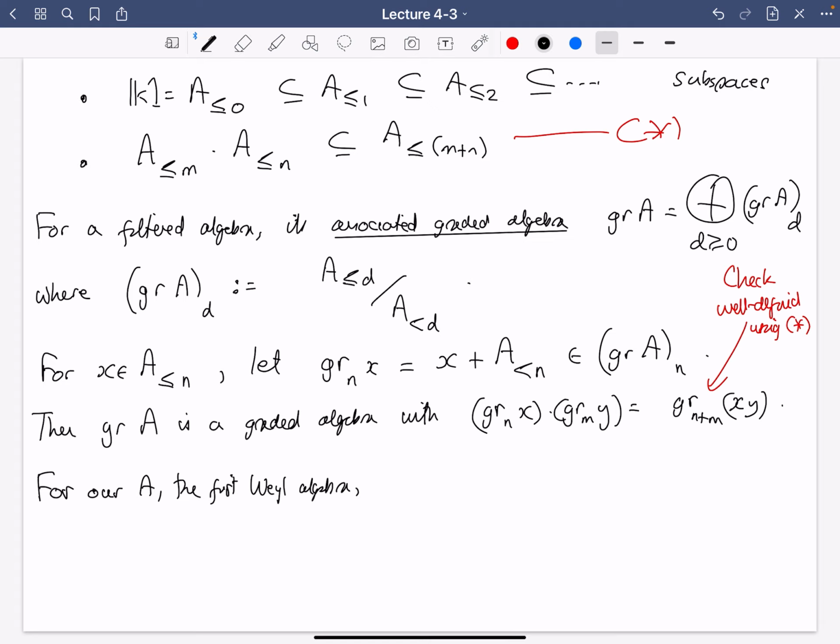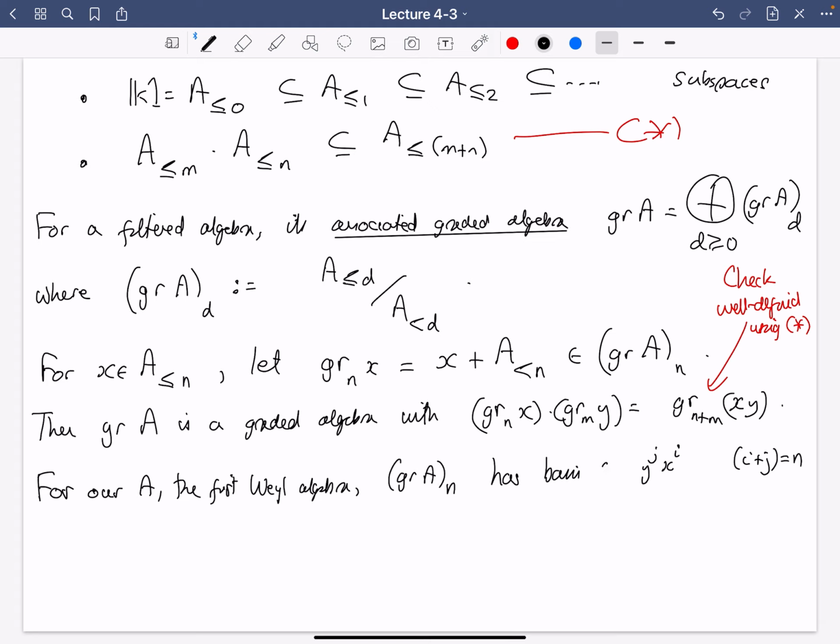The basis theorem that we've just established shows that the degree n part of the associated graded has basis given by all of the y to the j, x to the i with i plus j equals n. Maybe I should just write gr A sub n.